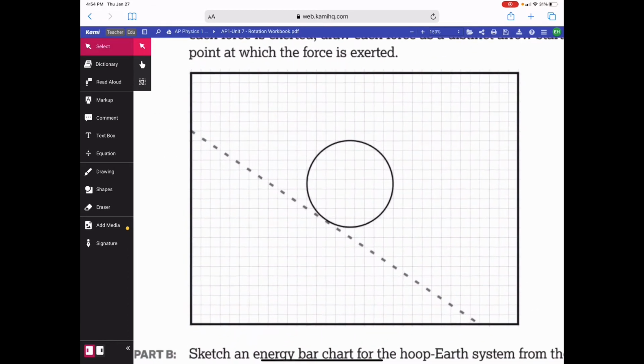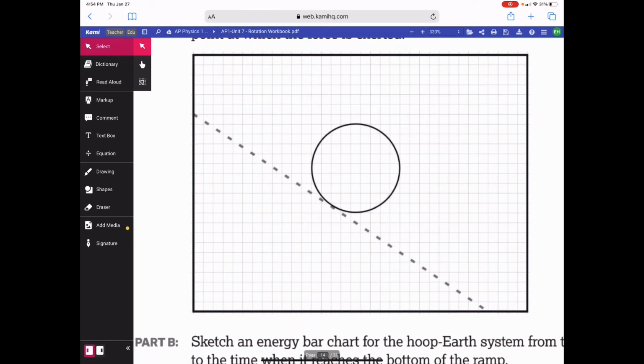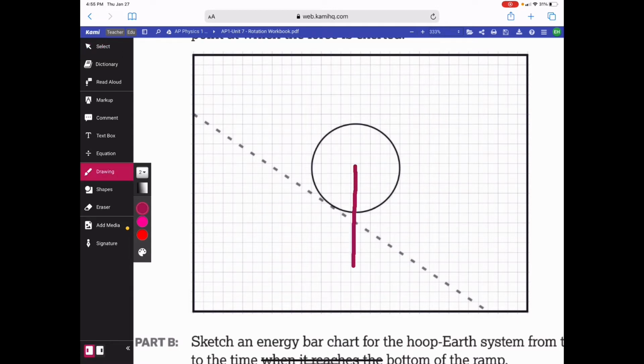Let's take a look. Well, first, you have the weight going down. Now, normally speaking, you would draw the components, right? Going this way, going that way. But you're not supposed to draw the components here.